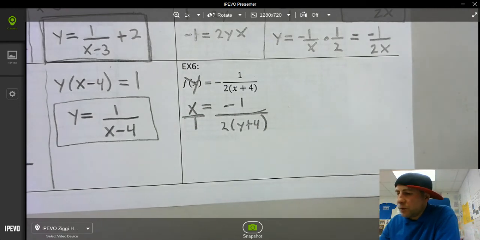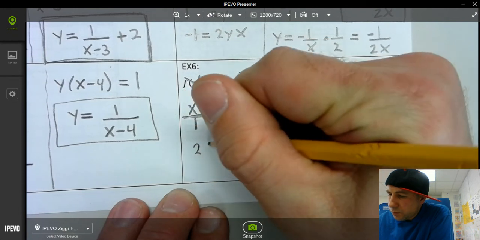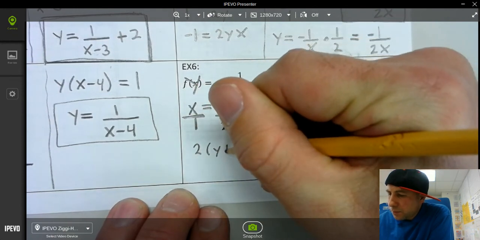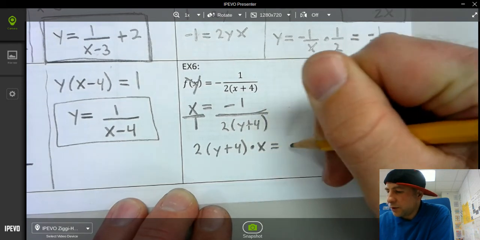All right, so we're going to cross multiply, so you get 2 parentheses y plus 4 times x equals negative 1.